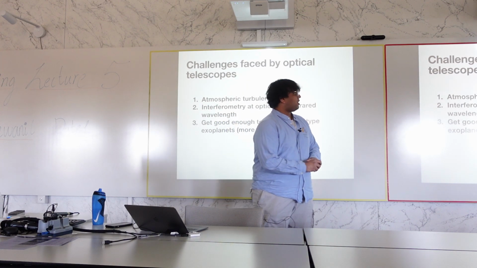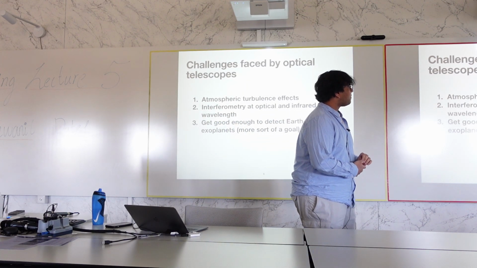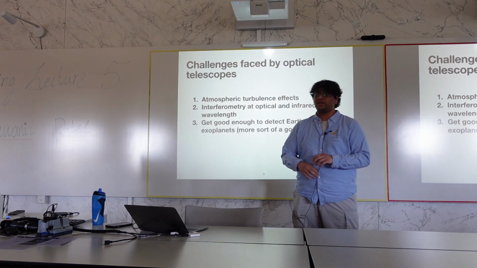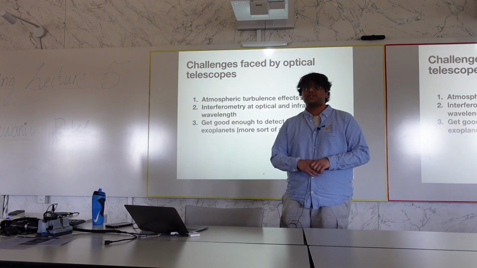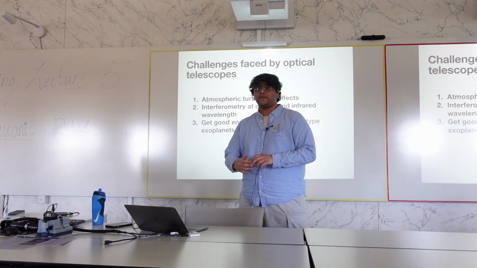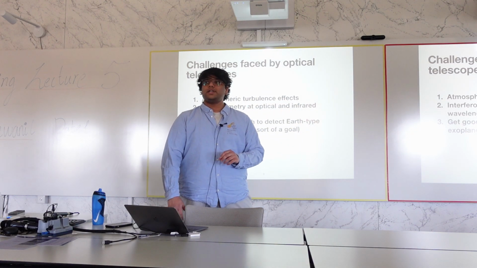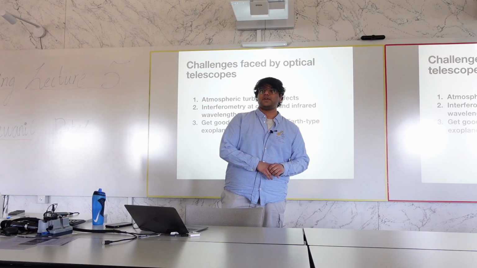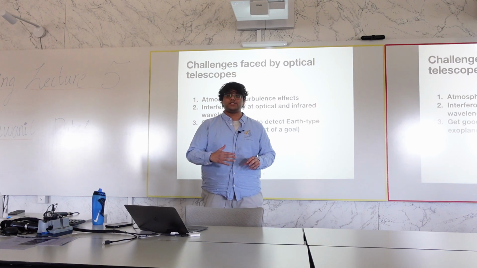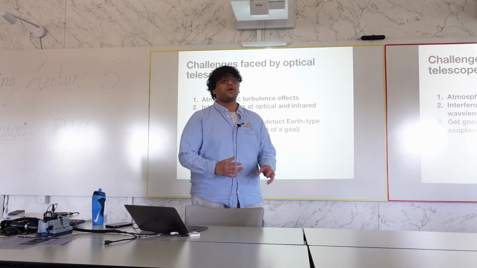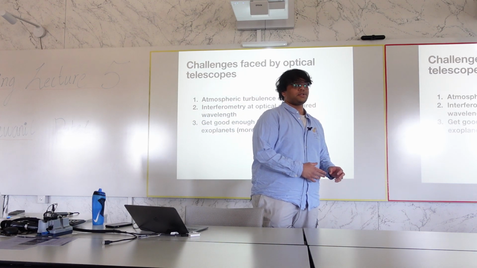One of them is atmospheric turbulence effects. Basically, when you look through the sky, the atmosphere does some really bad things to our seeing, and it really affects what we see through the telescope. The other is interferometry at optical and infrared wavelengths, and I'll go through these challenges slowly. And then our goal is to find Earth-like exoplanets, right?